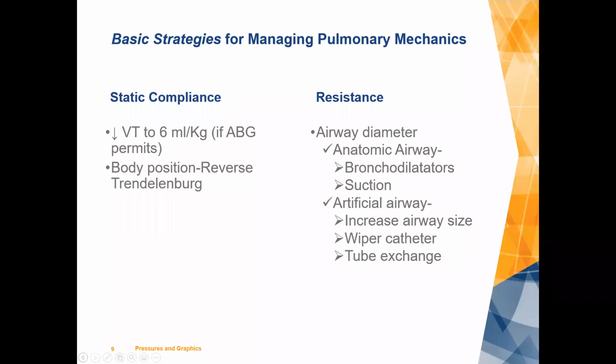At 6 mLs per kg, you're looking at a tidal volume of about 480. At 4 mLs per kg, you're looking at a tidal volume in the 300s. Compared to the tidal volumes we used to use, someone such as myself 25 years ago would probably get a tidal volume of 650, sometimes even 700.